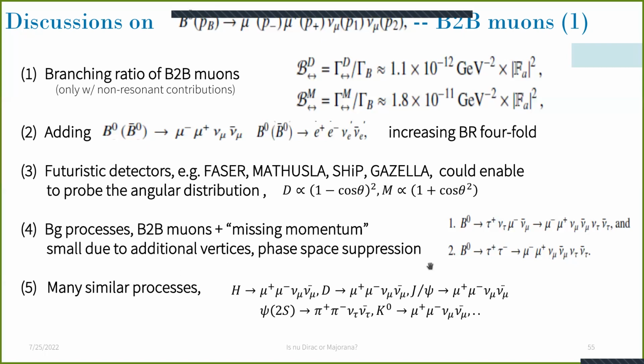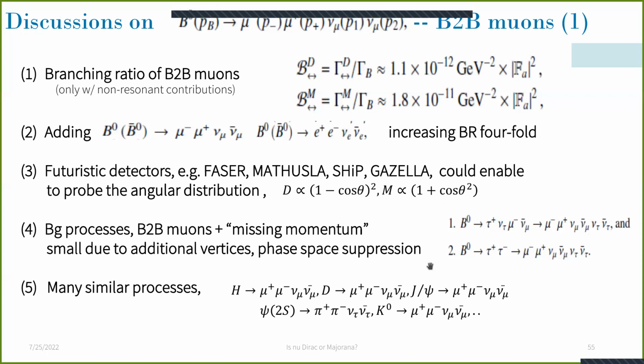Futuristic, I don't need to worry about future. The present is also important. Background could come in tau decay like this, but usually mu and more neutrinos, not just 2 neutrinos, which we draw as diagrams like double weak charged current. More than that is something much more like a vertex, so they must have much smaller branching fractions.